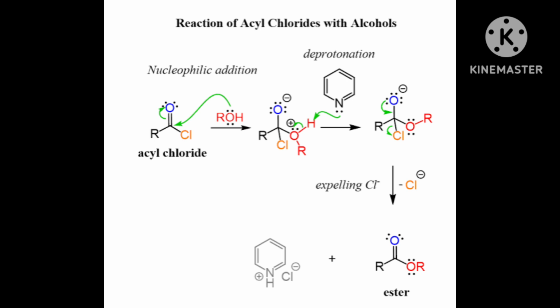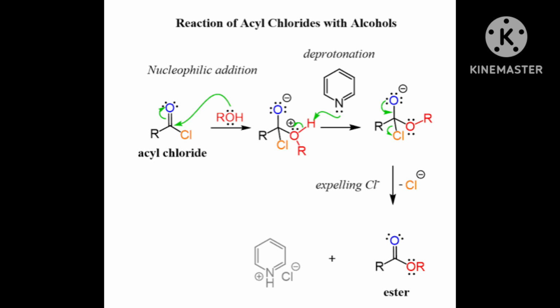The reaction with acid chloride, meaning acetyl chloride, is carried out in the presence of a base. An example of base here is pyridine. Why is a base used? So as to neutralize HCl, because acetyl chloride will give HCl as a product.